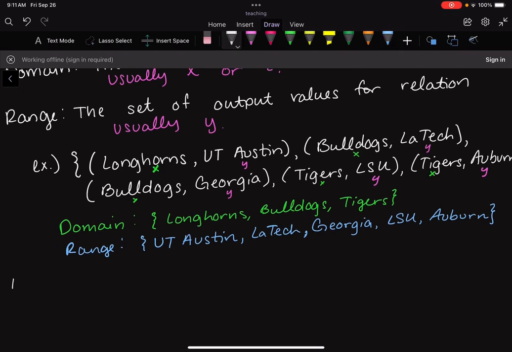All right, now let's talk about a function. A function is a specific type of relation.